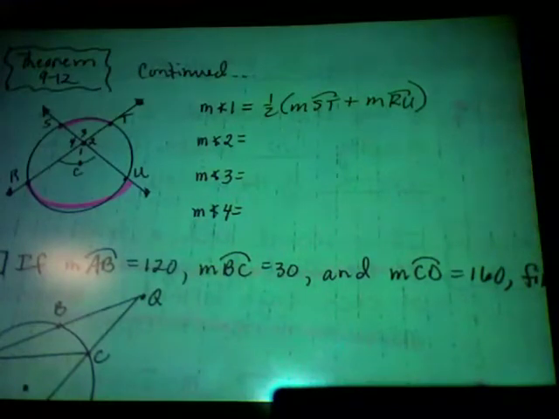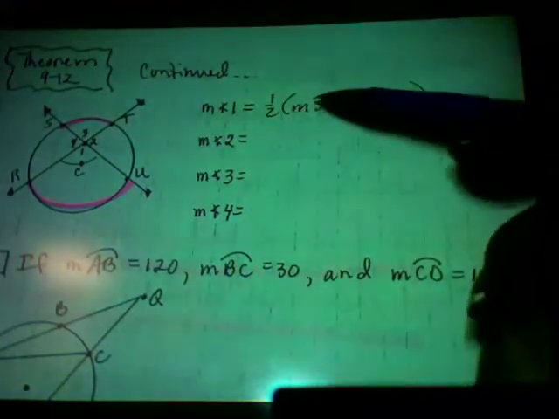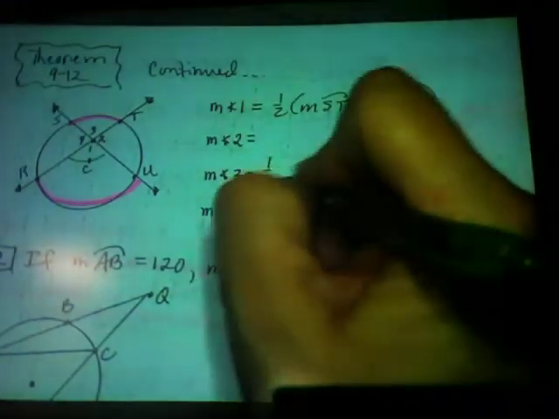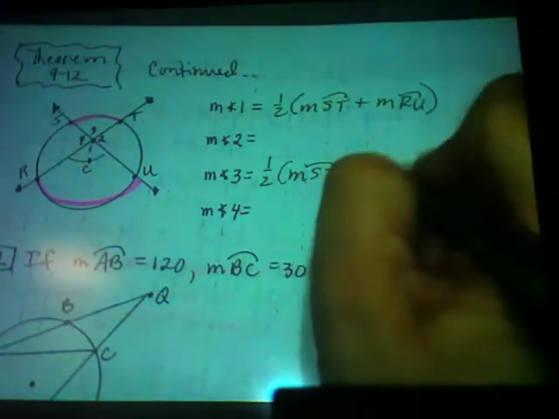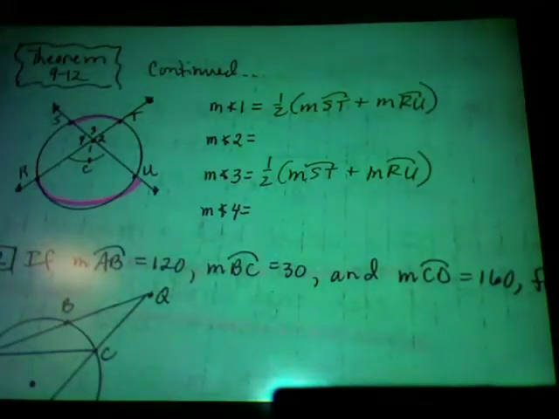Then if we wanted to find the measure of angle 3 over here, wouldn't I have exactly the same formula because that's the vertical angle to angle 1? You can find either angle, either way.